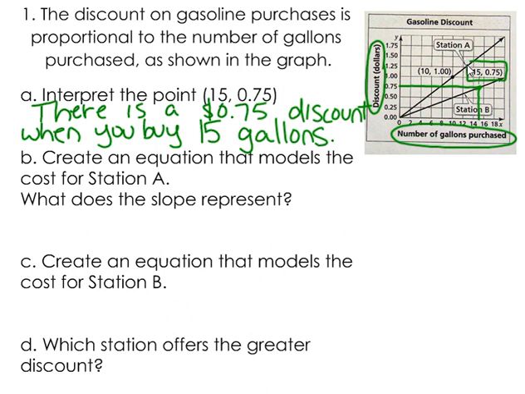Okay, part B, create an equation that models the cost for station A. In order to do that, I need to find the slope of the line. I'm going to use this point and draw in a slope triangle. So rise over run. I know that it needs to be in this format where I do y equals slope times x.